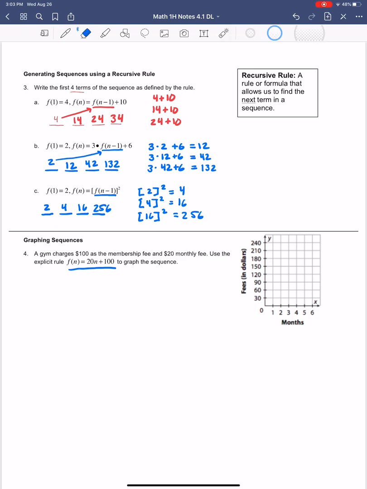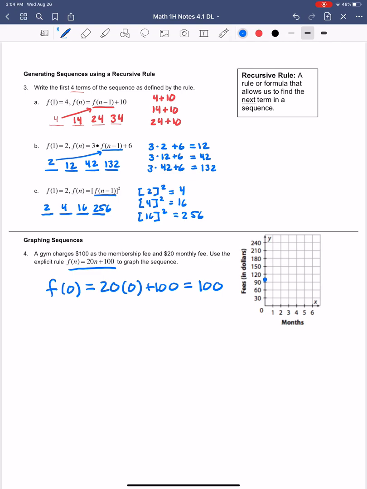Okay, so if I go to this gym for 0 months, then it's just going to be 20 times 0 plus 100, which is going to give me 100. So I have 0, 100, so that's going to be right about there. I'm putting it on the graph.